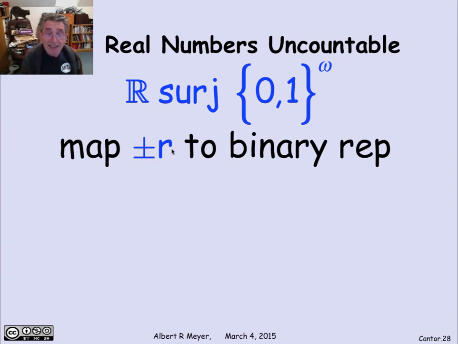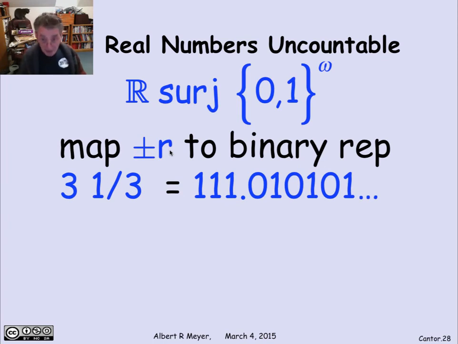So let's look at some real number and look at its binary representation. Assume for the moment that it's positive. So let's look at, say, the binary representation of some number like 3 1/3. If we're thinking of these as binary places, this is the 0th place, the 2's place, the 4's place, this is the halves place, the quarters place, the eighths place, then the binary representation of 3 1/3 would be 3, and then this infinite repeating binary expansion 0, 1, 0, 1, 0, 1.